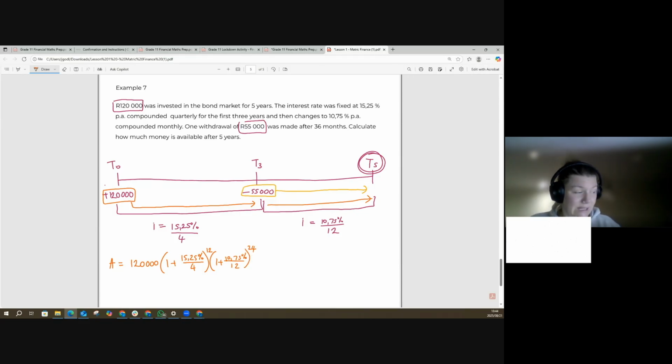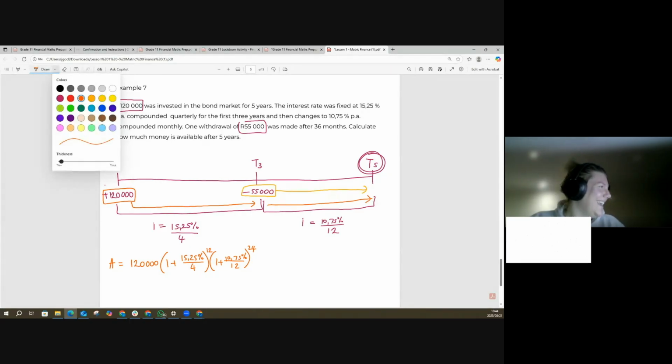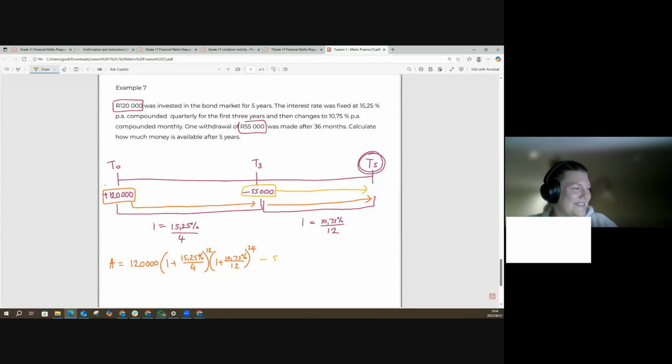So that's going to be to the power of 24. And then we're going to subtract 55,000. 1 plus 10.75% compounded monthly again for 24. And I got the answer of 164,754,14. Well, 138.